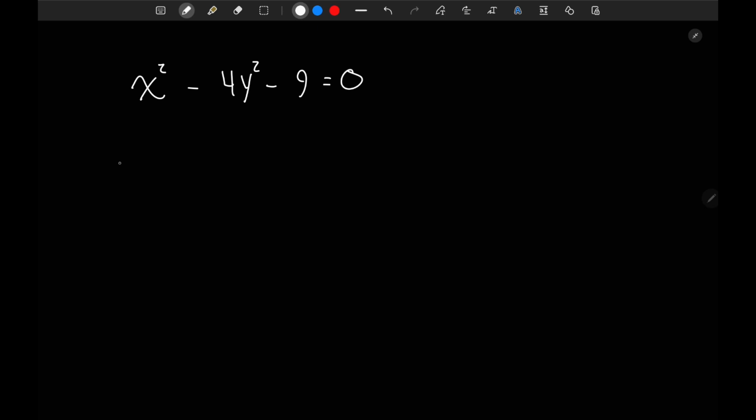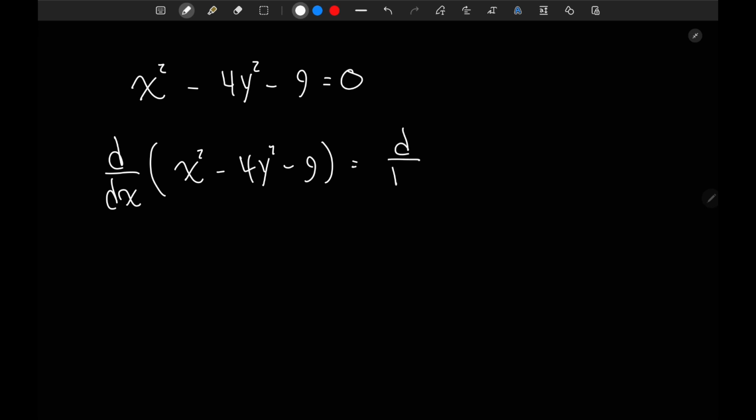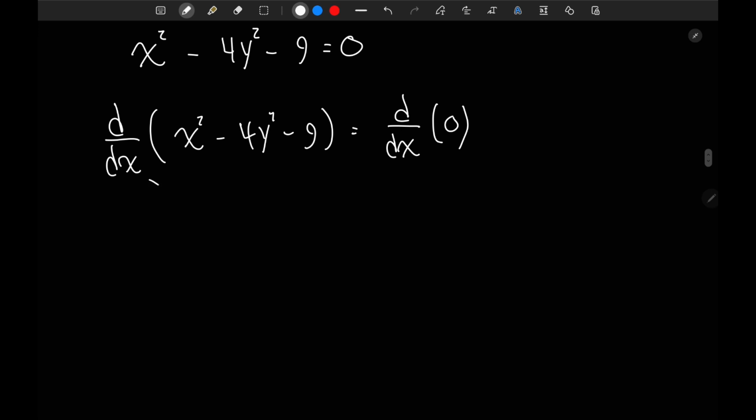Now again, we're going to start off this question by taking the derivative of each side with respect to x. And now I'm not going to write out each time, like I'm not going to break this up each time into writing d/dx of each.